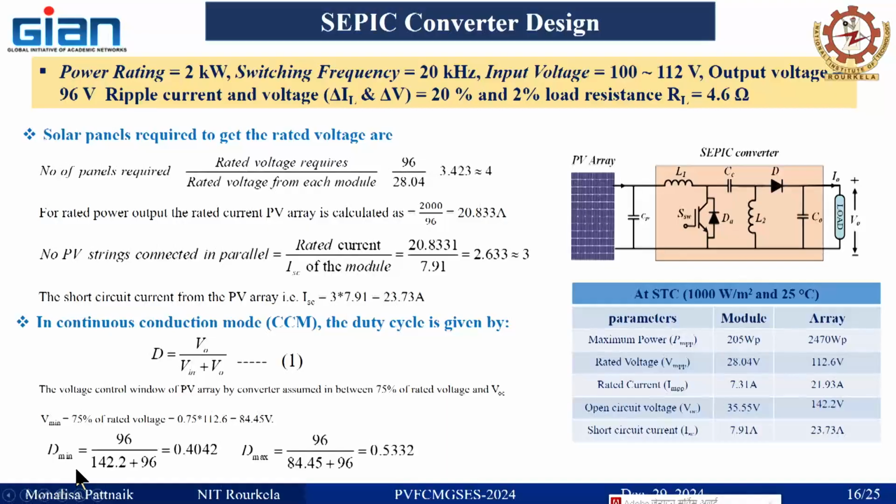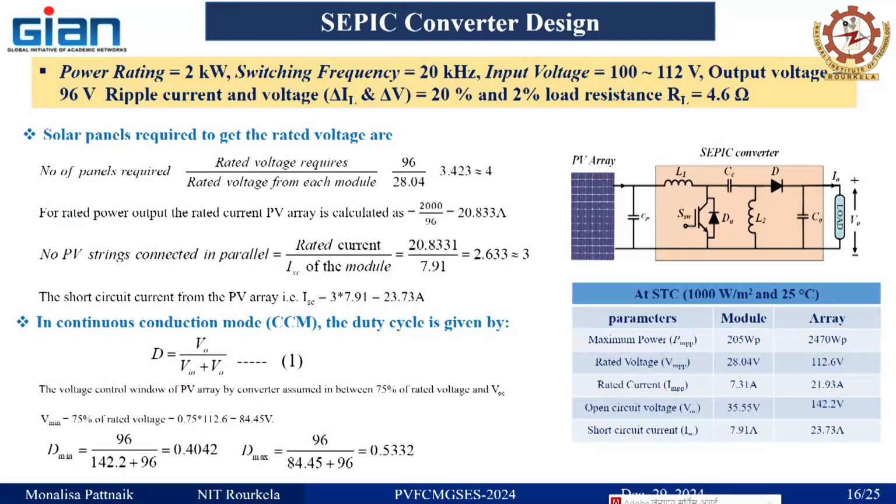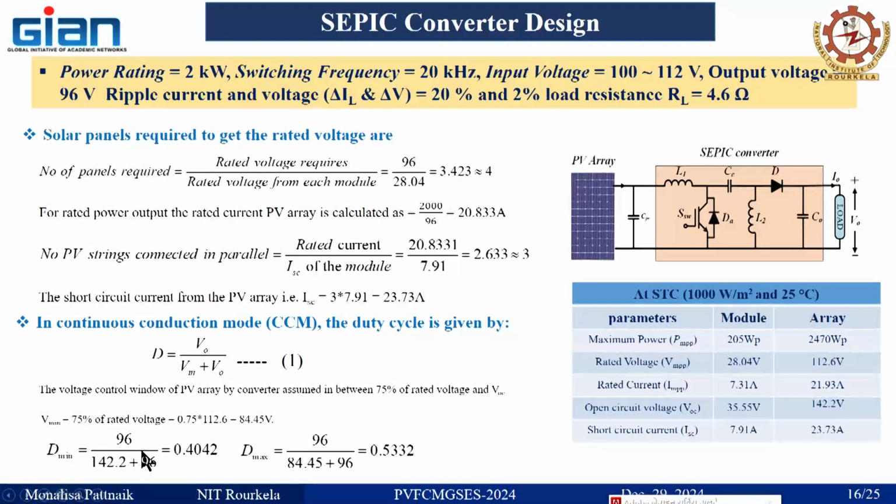Same as the buck-boost converter, D is V0 by Vin plus V0, which comes from V0 equal to Vin into D by 1 minus D. We can see what the minimum D will be at maximum voltage.